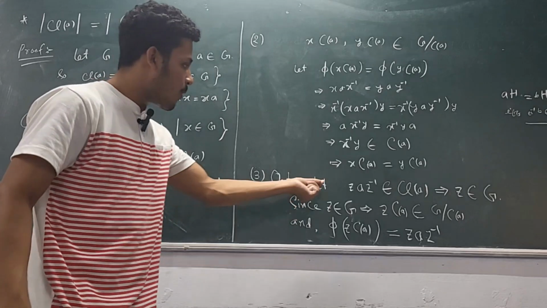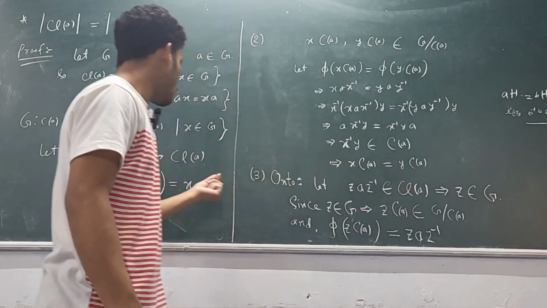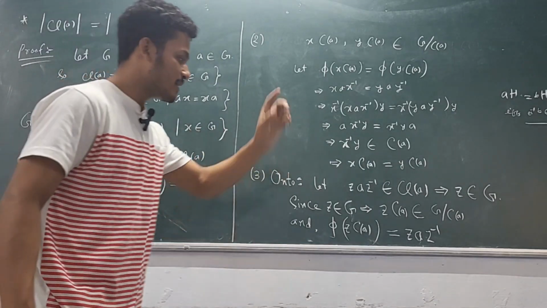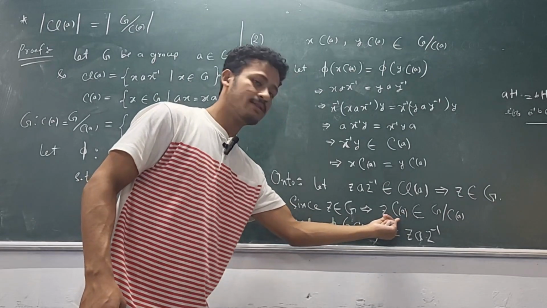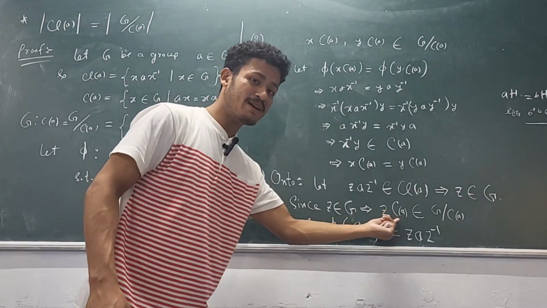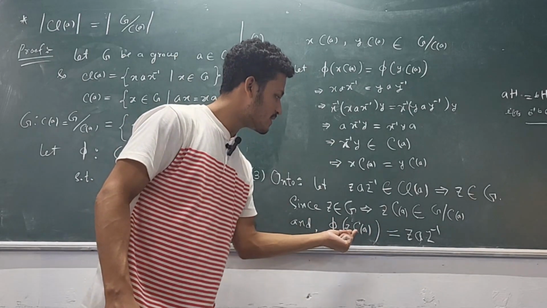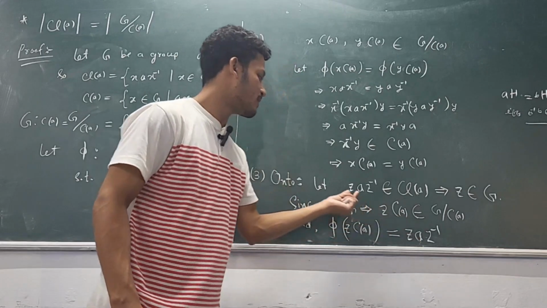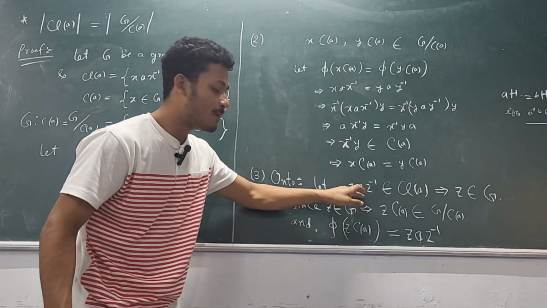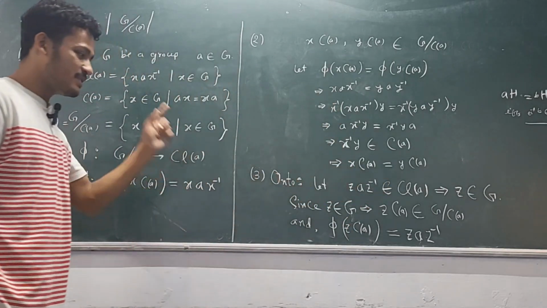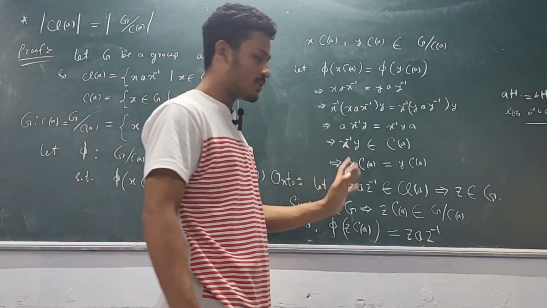That means for any element z a z inverse in the codomain, there exists an element, the element is the coset zC(a), such that the image of this zC(a) is equal to z a z inverse. That means this element has a pre-image, that is this. It is arbitrary. For each element in the codomain, there is a pre-image in the domain. So hence it is onto.